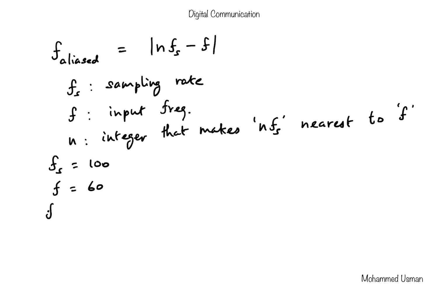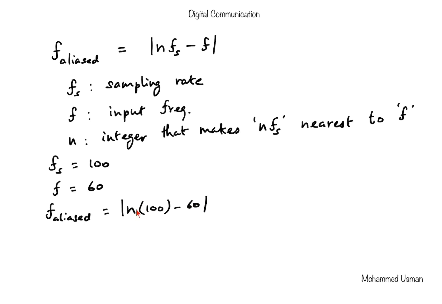So in this case, F aliased would be the magnitude of N times 100, which is N Fs, minus 60. Now, what value of N would make N Fs nearest to 60? If we choose N equal to 1, 1 times 100 would be 100. 100 minus 60 becomes 40.